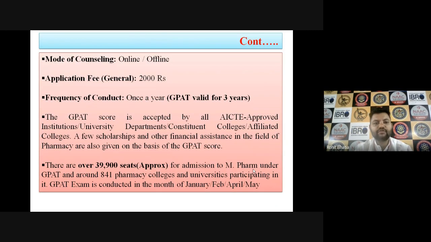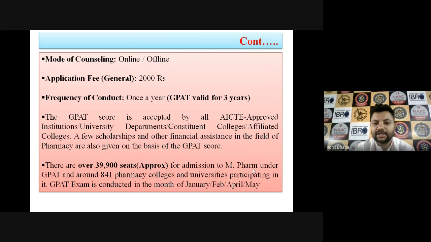The modes of counseling are online as well as offline. The application fee for the general category is 2000 rupees, and for reserved categories it is less than 2000. Frequency of conduct is once a year, and GPAT validity is 3 years. Nowadays I think the validity has been increased, but not officially.